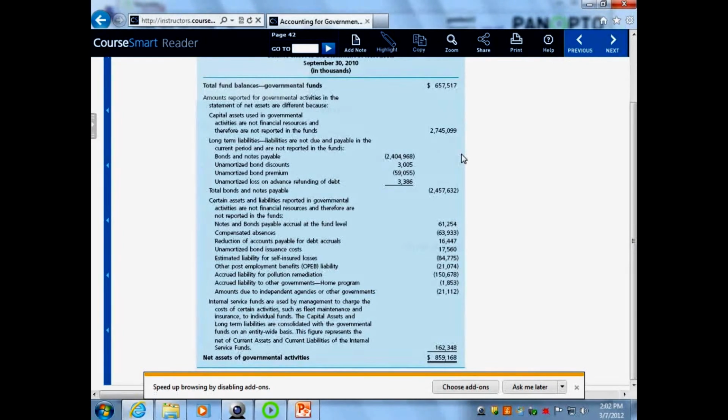But notice for the time being, just briefly review things like what is that caused by? Looks like long-term liabilities, right? That's the difference, right? Looks like things which have to do with capital assets. In this case, it's mostly long-term liabilities, and we'll go through this. But do you see the general categories, capital assets and long-term liabilities? So there's that reconciliation that occurs.